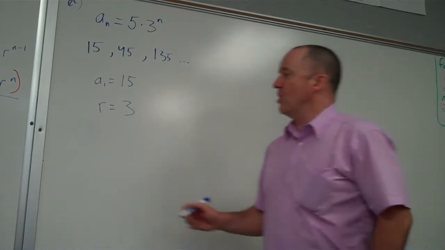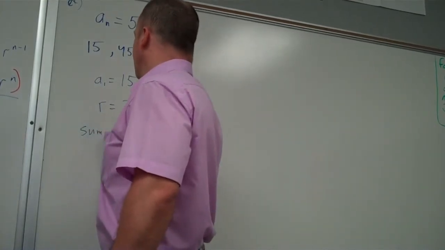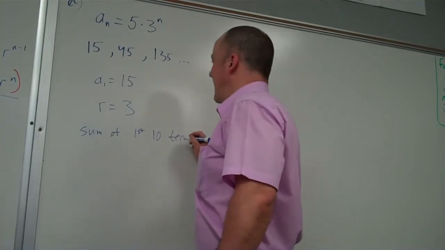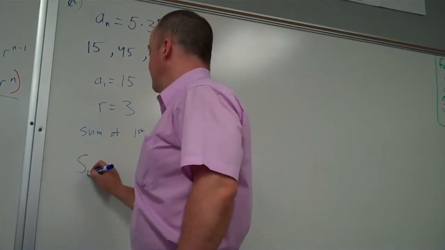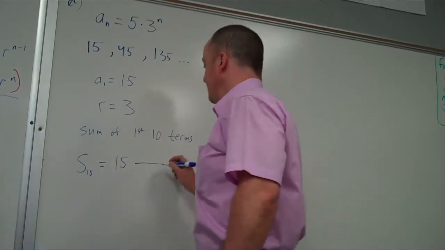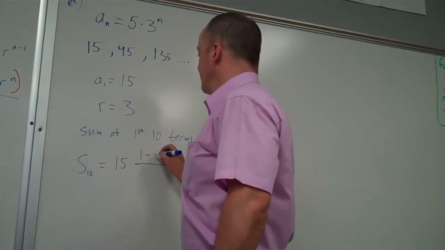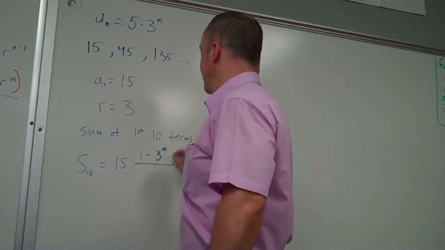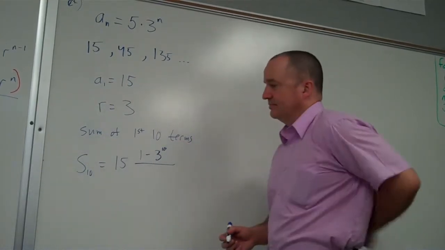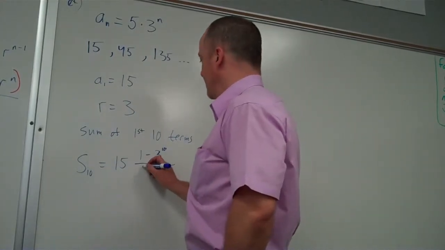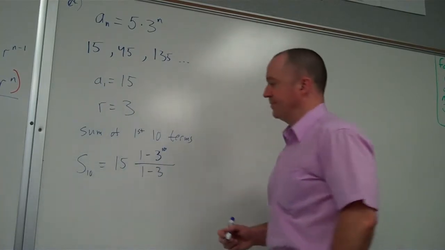So if I wanted the sum of the first 10 terms, if I wanted to add all this up, I would say the sum of the first 10 terms is the first term, which is 15, times 1 minus, this is the annoying part, 1 minus 3 to the 10th, over 1 minus 3.